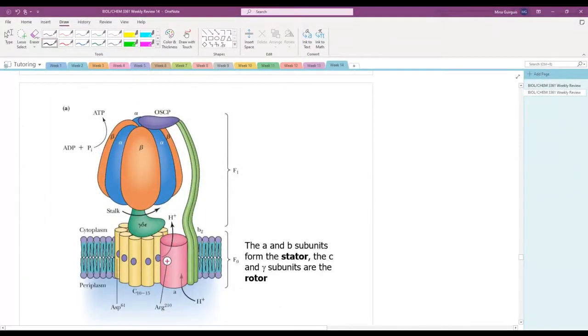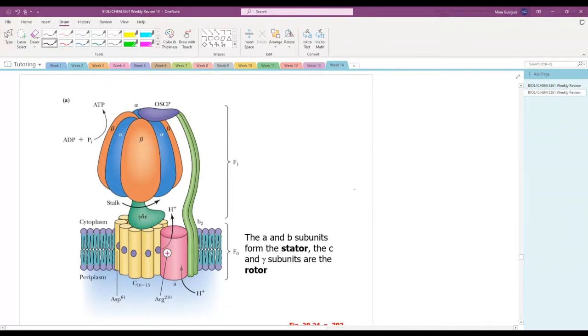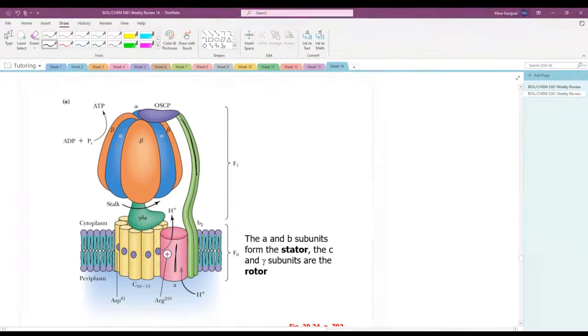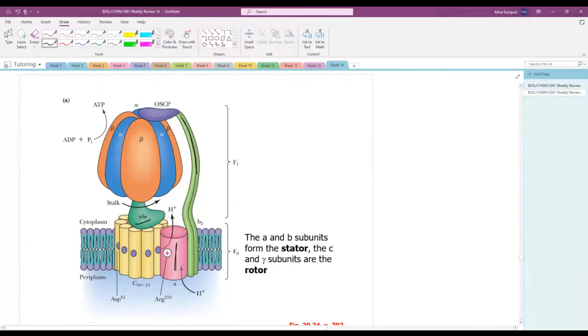When they do, the A and B subunits down here in the F0 part stay pretty much still. This is the B, and this is the A. C and gamma are the ones that rotate. You'll notice that gamma, delta, epsilon are all drawn at once, just by notation.